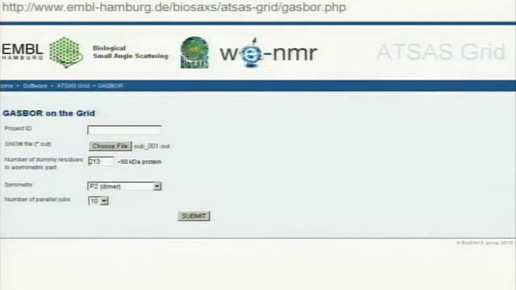There is also a web interface for this program. So here you see what kind of information you need to provide. You can provide your input data, and you provide the number of residues that your protein has, and you can also restrict the symmetry of your model to a certain symmetry.